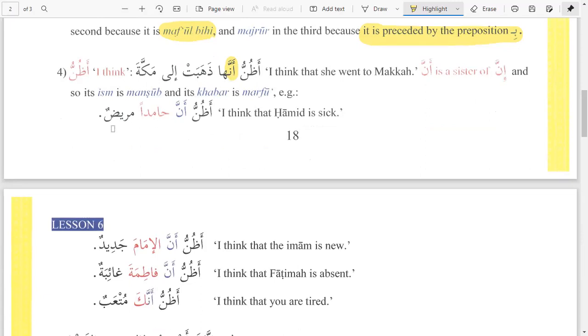Azunnu anna hamidan maridun. Hamidan is ismu anna. I think that Hamid is sick. So hamidan will be mansoob here because of anna.